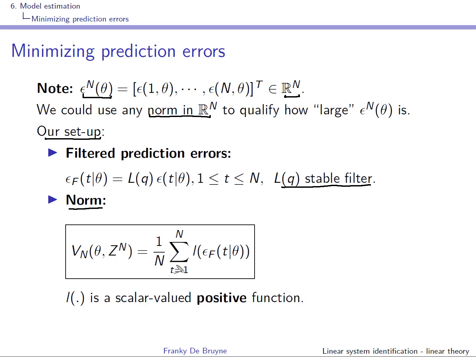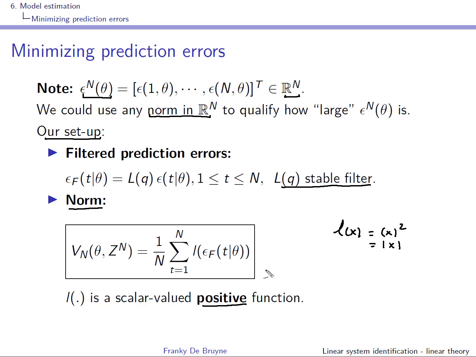It's 1 over n, sum over all the data of some positive function of the filtered prediction errors. What we mean by positive is, for instance, that if you have x here, you have x squared, or the absolute value of x.